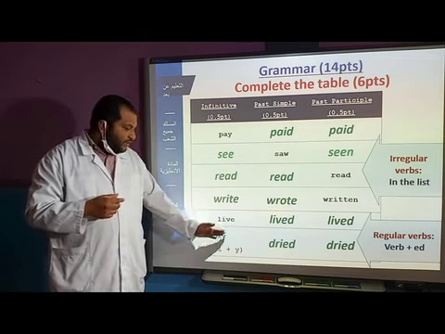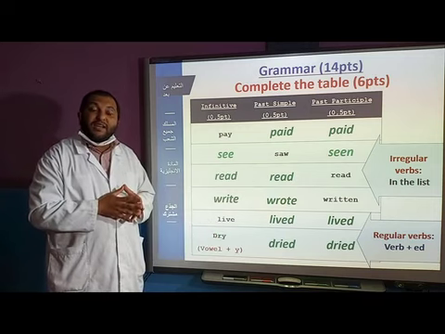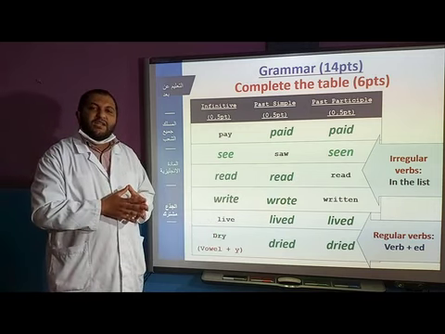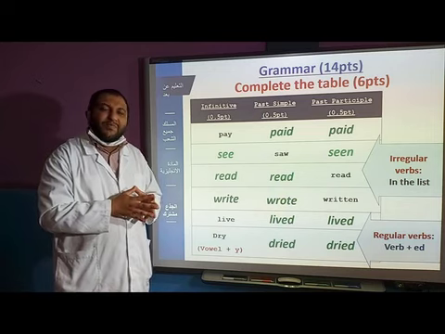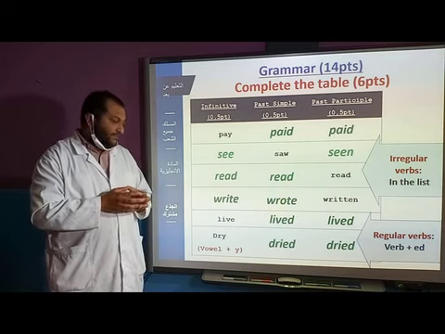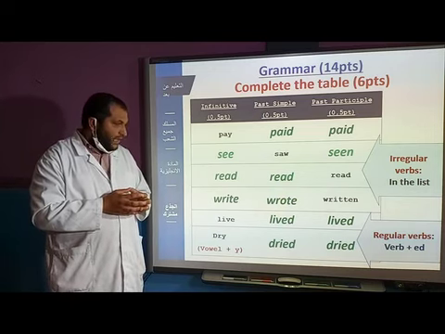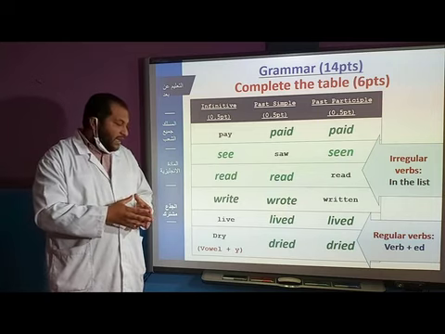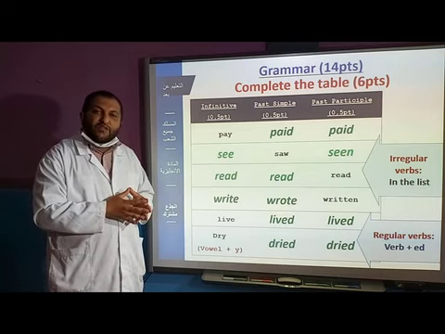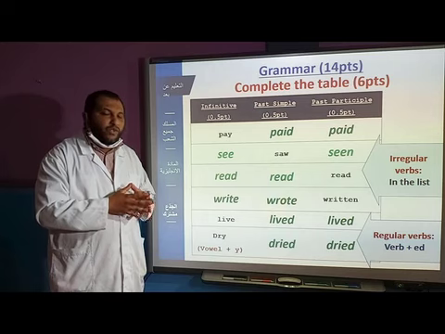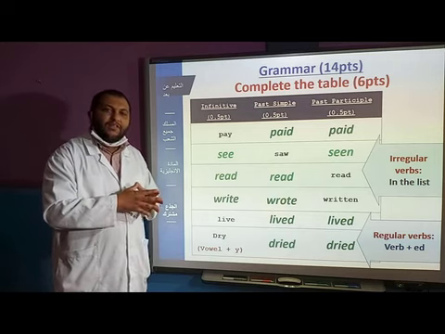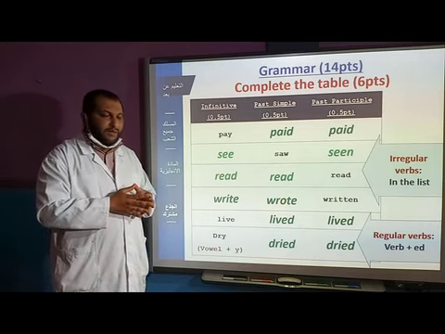As you see here, the Y is preceded by a consonant, so we need to delete the Y and replace it with IED. And like play, when the Y is preceded by a vowel, we just keep the Y and follow it with ed.